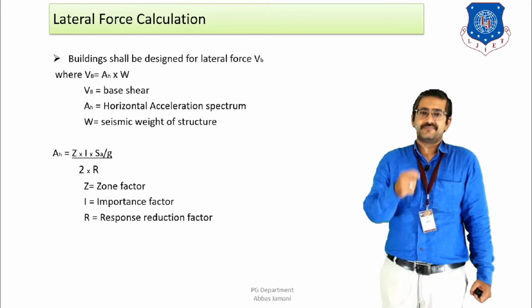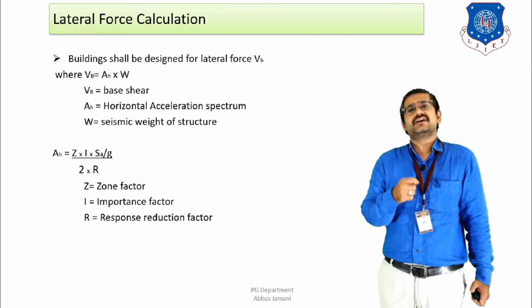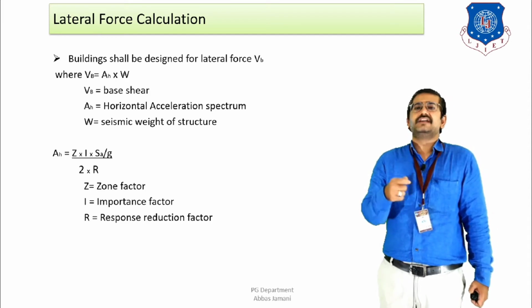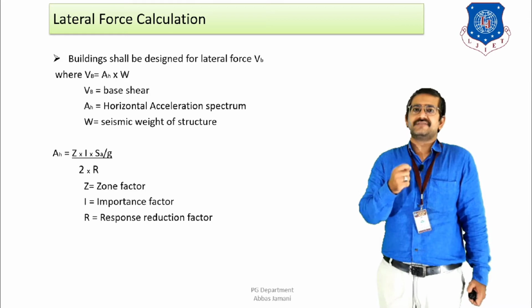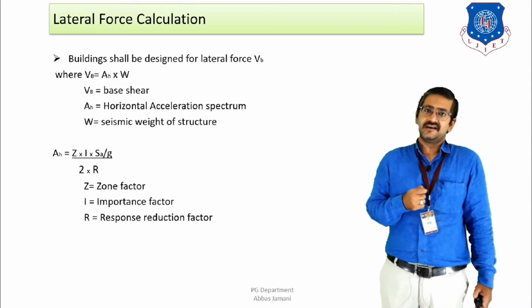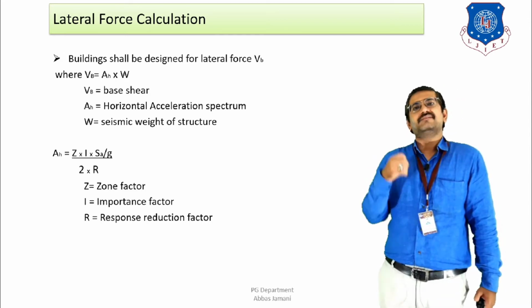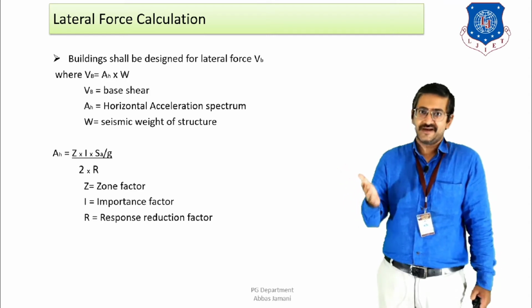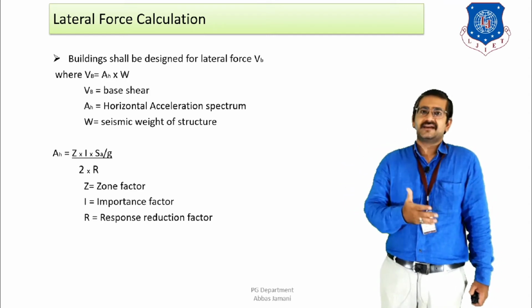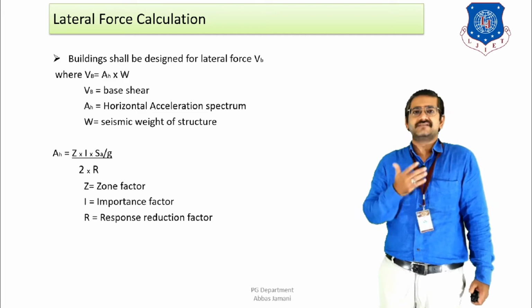The type of soil, whether soft, medium or hard, and the value of time period help us decide the value of SA by G, as we have seen in the earlier lectures. Depending upon the method, whether you select the static analysis method or the dynamic analysis method, the values are given differently for both cases.